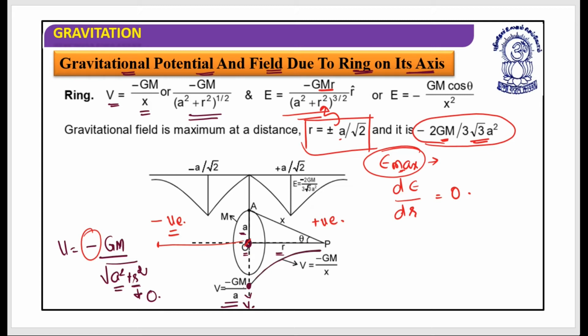And that can be plotted very easily: up to this distance it would look like this, and from there it decreases on both sides. It's a mirror image. Do you understand this? Any doubts, any issue over this?